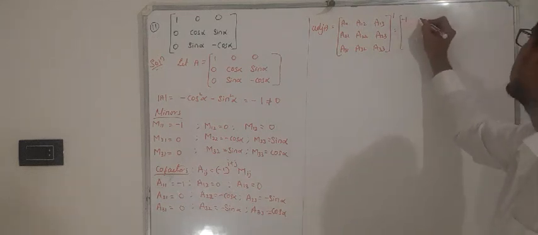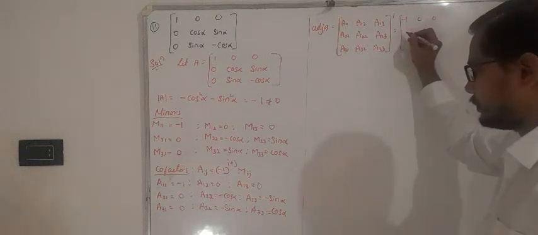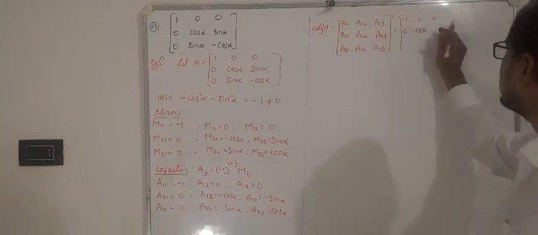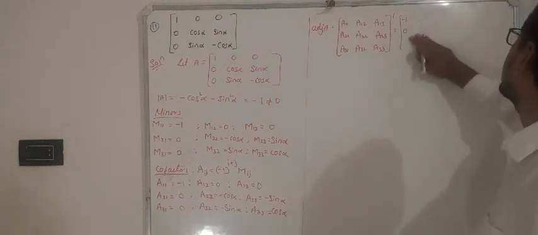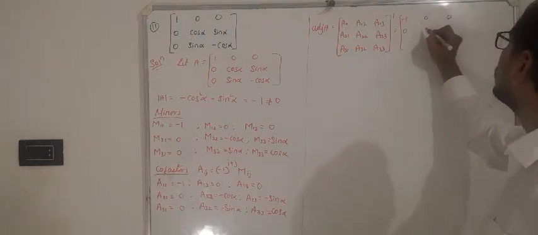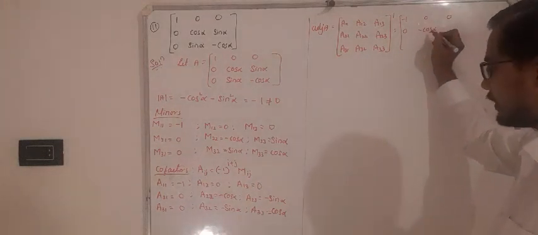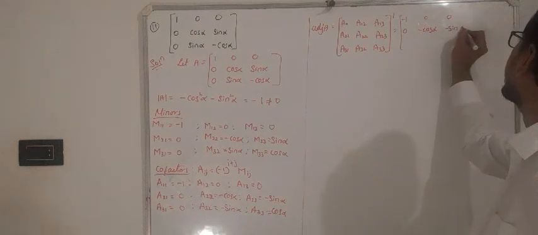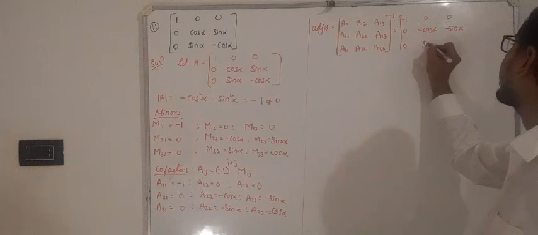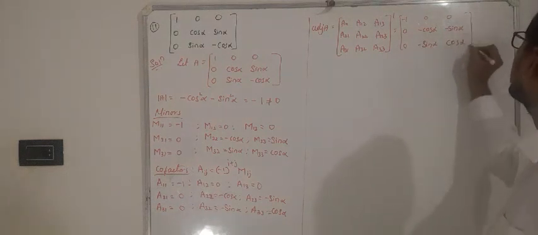Minus 1, 0, 0; then 0, minus cos alpha, minus sin alpha; and here 0, minus sin alpha and cos alpha, transpose.